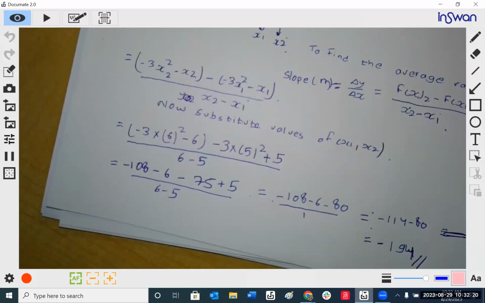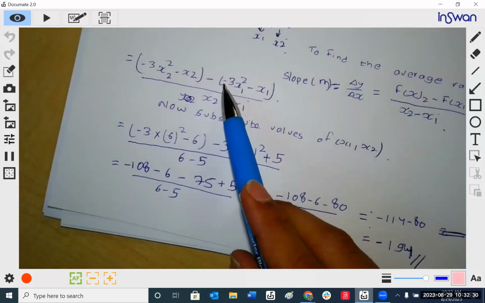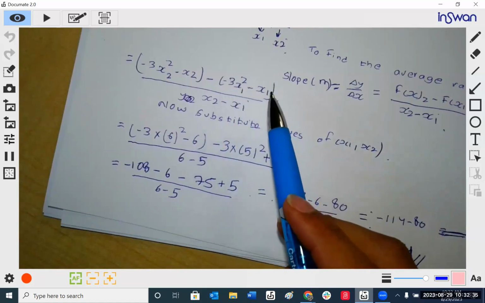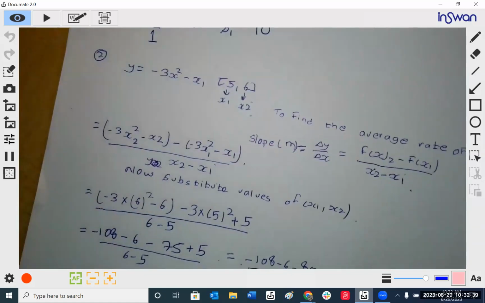I think negative three. So you're talking about this line, right? Let me see. It was supposed to be positive, right?